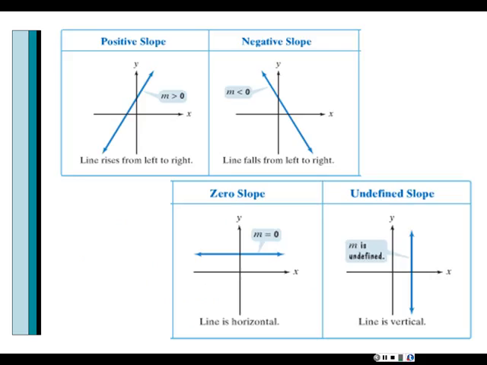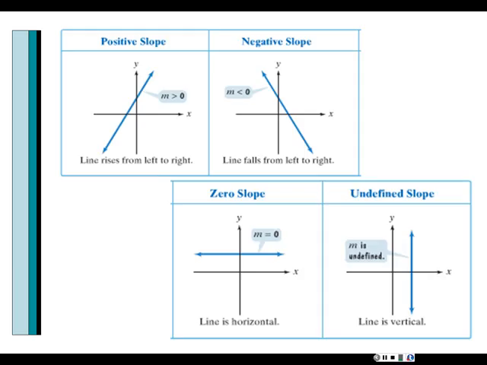Remember, the slope is denoted by a small m in mathematics. Every time you see a small m, they're talking about the slope. If the slope is positive, the line is rising from left to right, just like the first one. If the slope is negative, the line is falling from left to right, as in the second picture at the top.